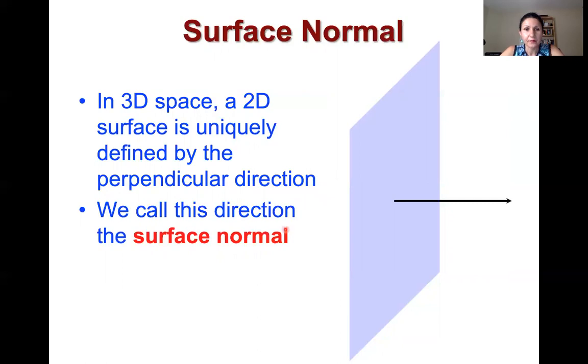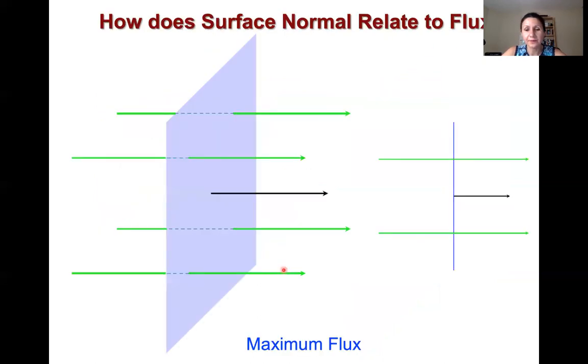In 3D space, a two-dimensional surface is uniquely defined by that perpendicular direction. So that's how you define your surface, by not only saying this is its area, but also which way it is oriented relative to some axis that you define. It's that vector that tells you about the orientation. So you can think of this as an area which is a vector. That's known as a surface normal.